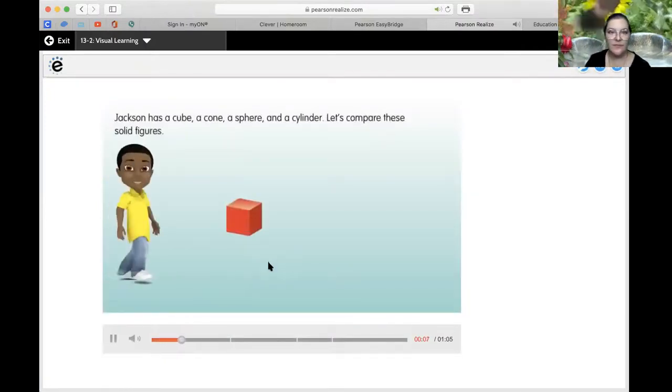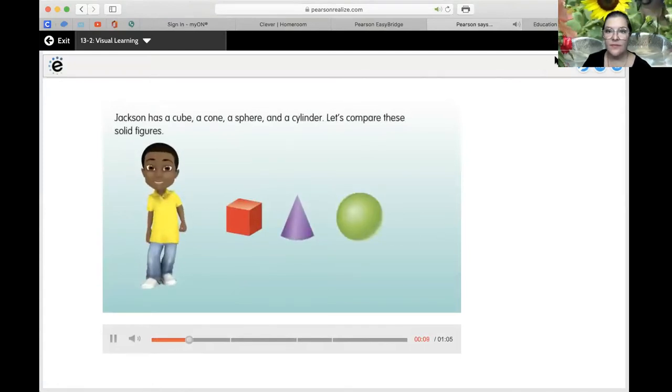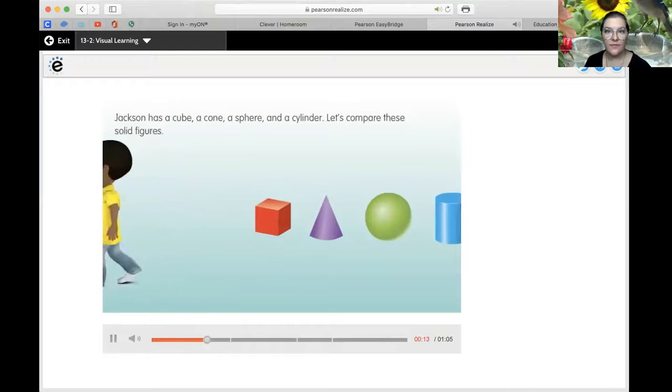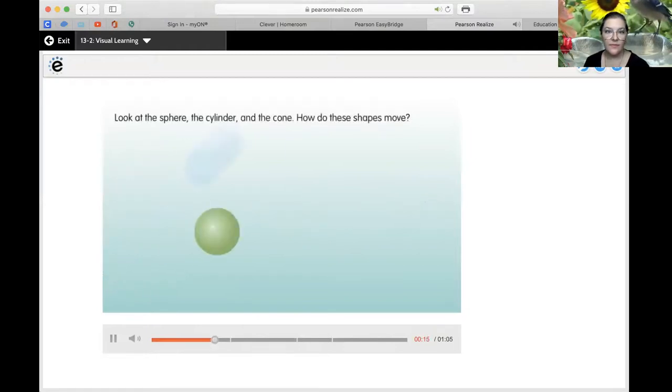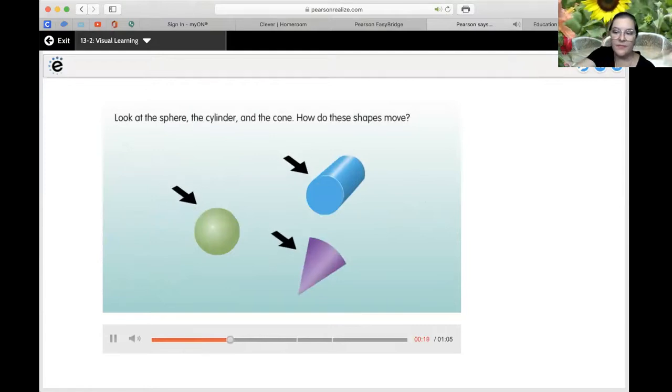Jackson has a cube, a cone, a sphere, and a cylinder. Let's compare these solid figures. Look at the sphere, the cylinder, and the cone. How do these shapes move? Well, we can say that the sphere rolls.